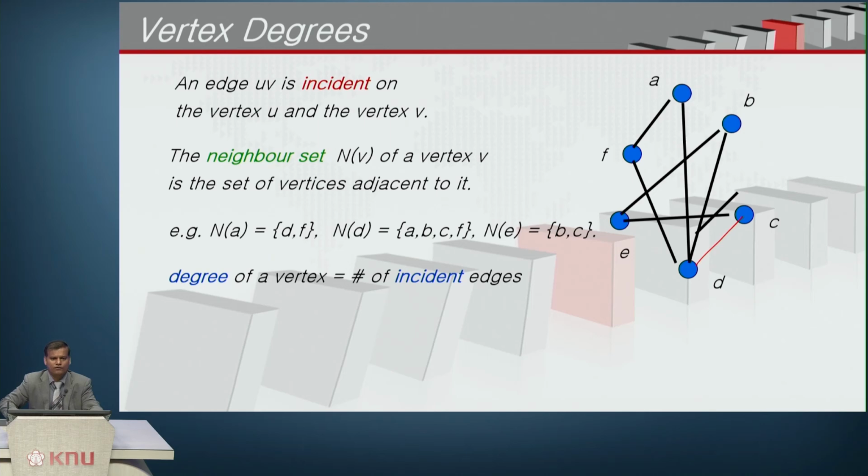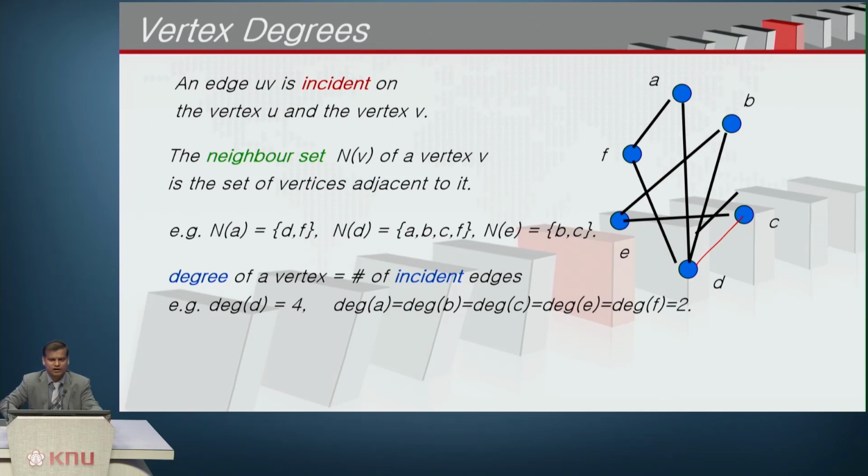So the degree of a vertex is the number of incident edges. If you are asked to find the degree, you should just calculate the number of incident edges. For example, degree of A equals degree of B equals degree of C equals degree of E equals degree of F equals 2, whereas the degree of D is 4.